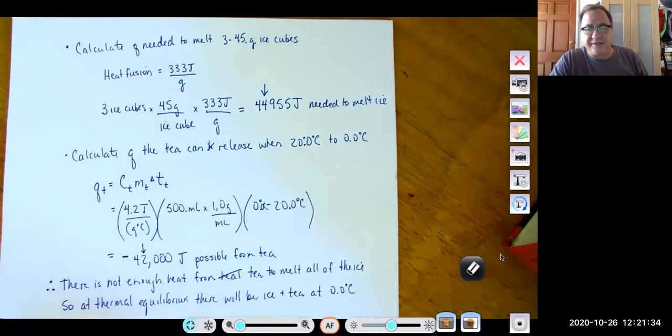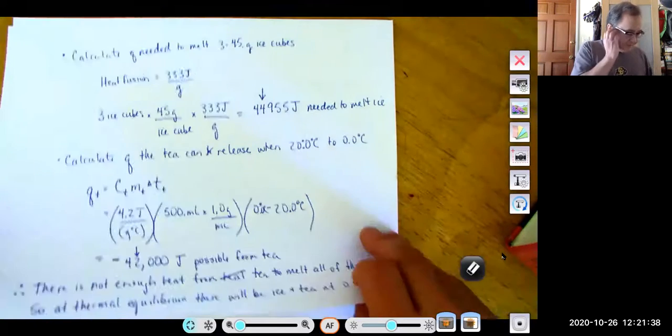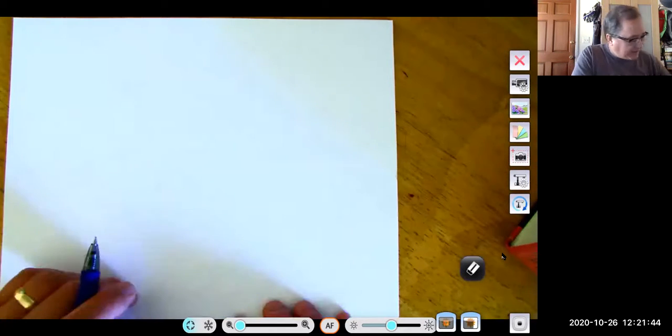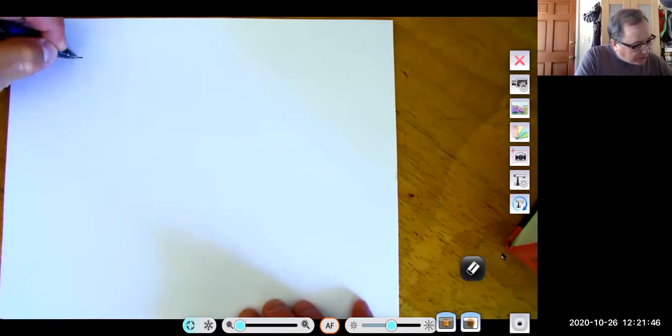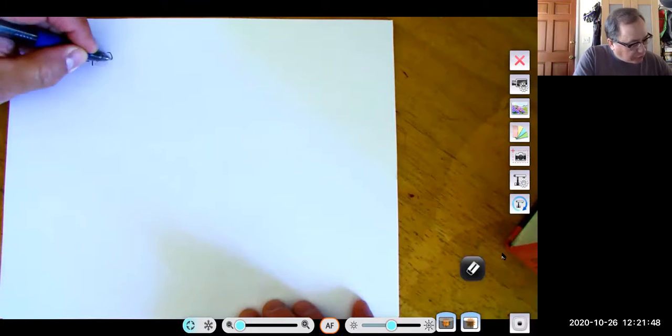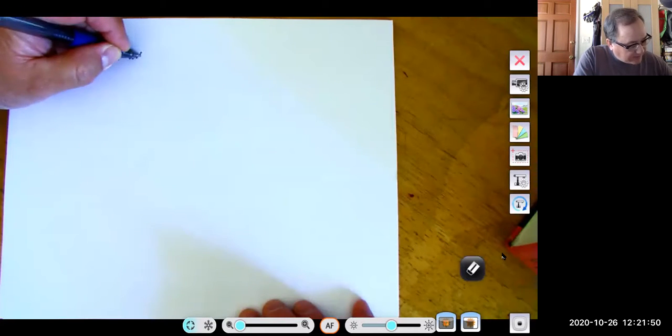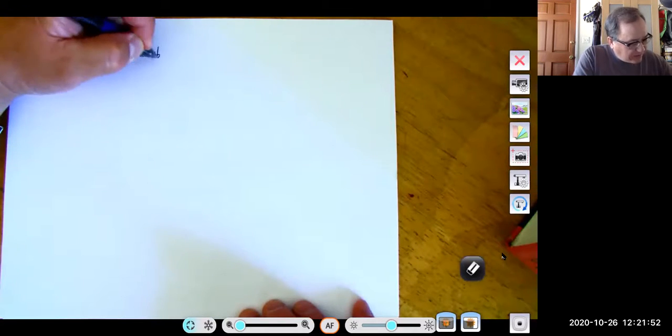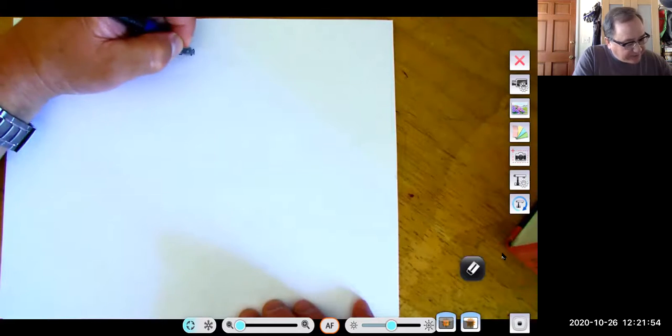Zero degrees Celsius. All right. Now, the next question is, so if there is ice remaining, how much is remaining? So we have 42,000 joules available to melt the ice.